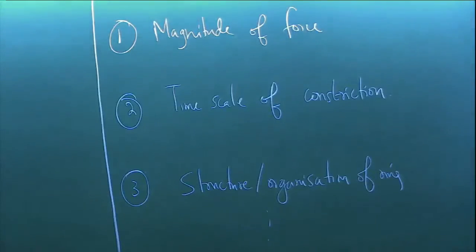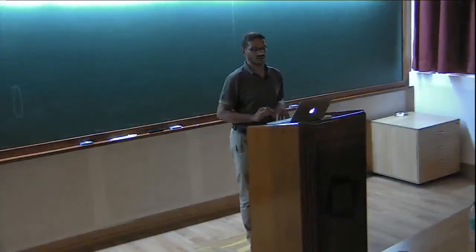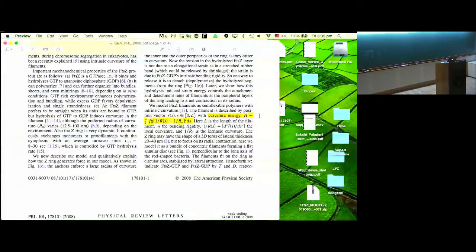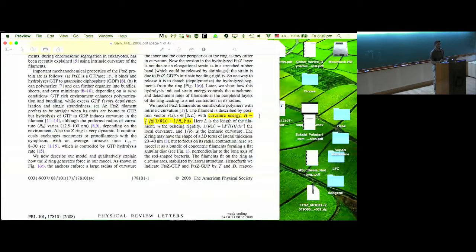So essentially the ingredients of the model, as you can see here, there is the curvature energy similar to what I've written, but this is more detailed because now our polymers have both GTP as well as GDP, and therefore the spontaneous curvature is not a constant across the filament. So one option is to use a mean field approximation, the other option is to do it by computation, and these people use the second approach.